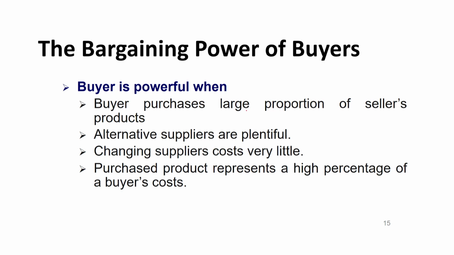When buyer purchase large proportion of seller's product. When numbers of buyers is few and they are dominant who purchase in bulk. So in that scenario, bargaining power of buyers would be more.